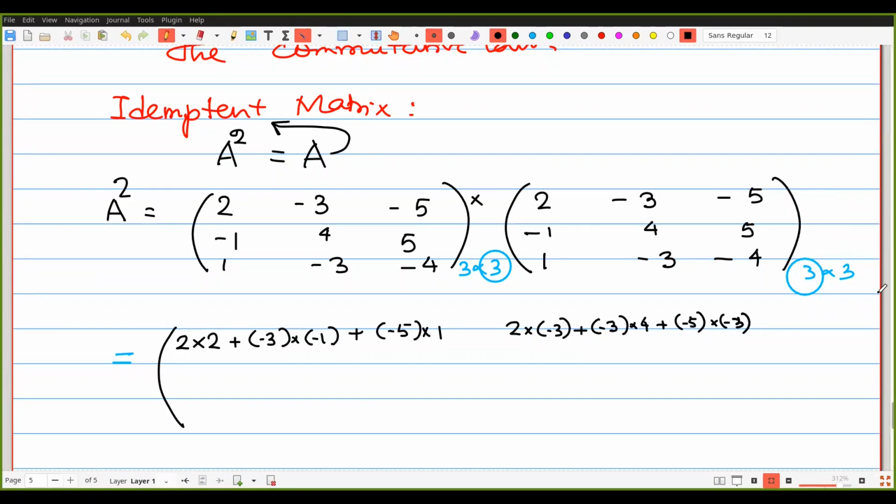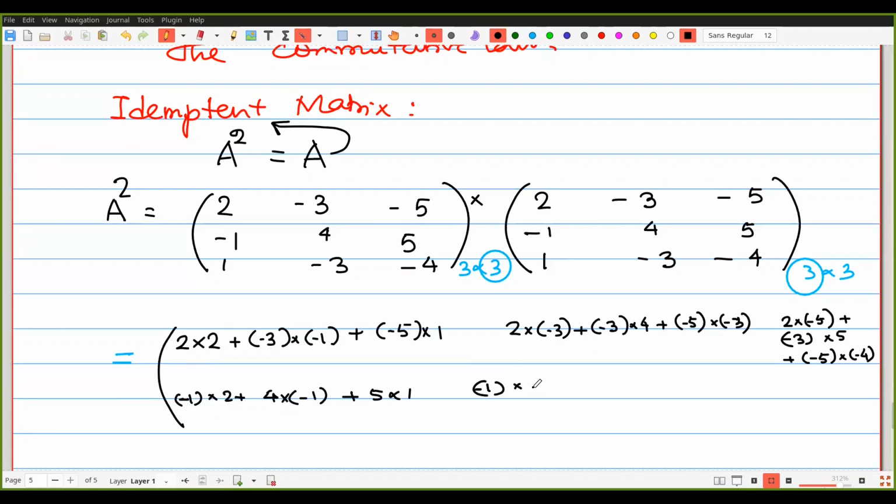Third one, first row, third column: 2 into -5 plus -3 into 5 plus -5 into -4. Now the next one, second row, first column: -1 into 2 plus 4 into -1 plus 5 into 1.